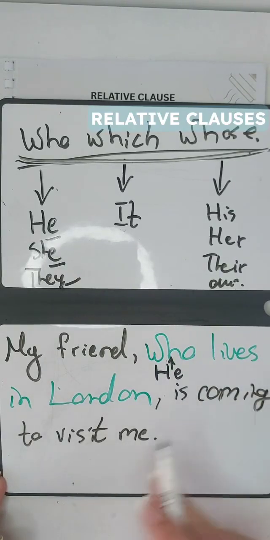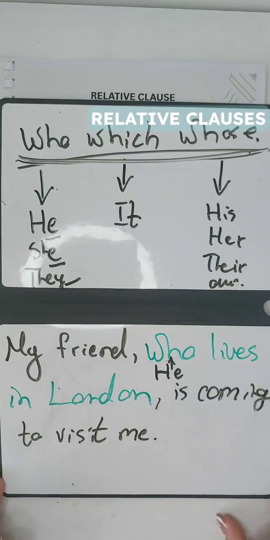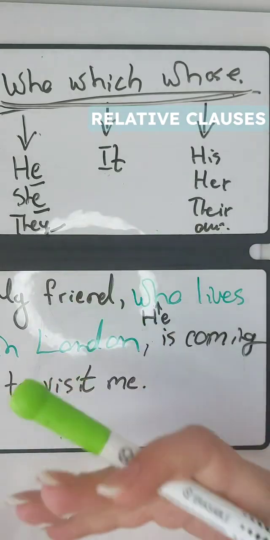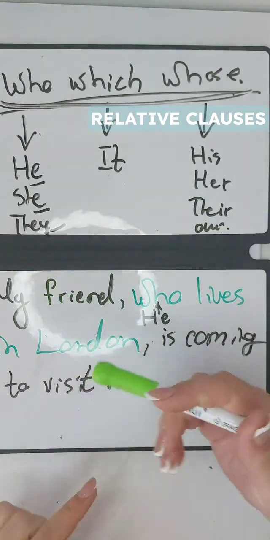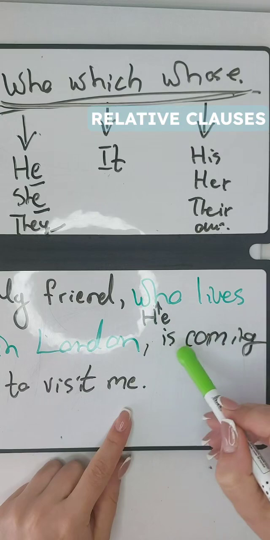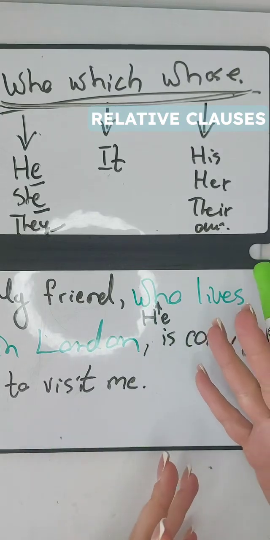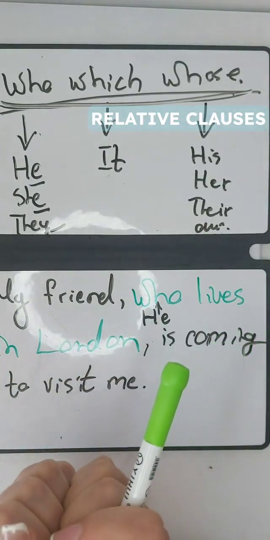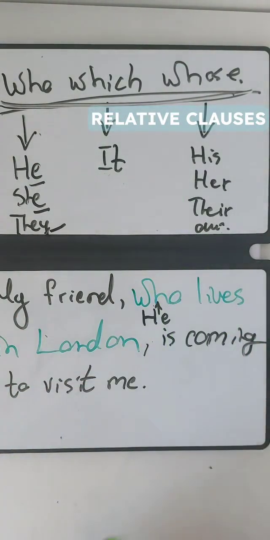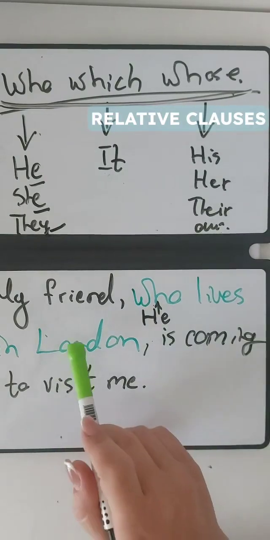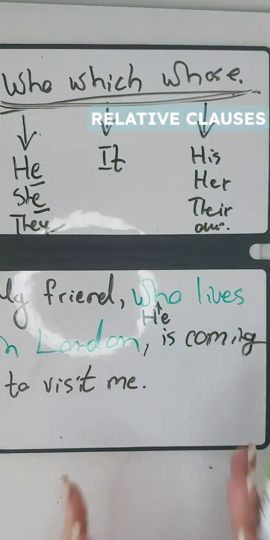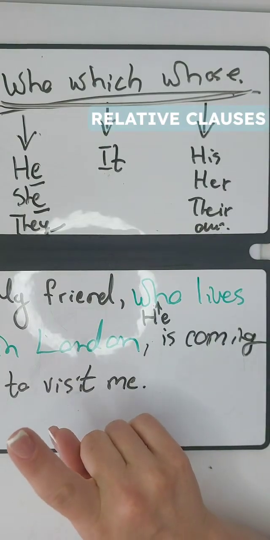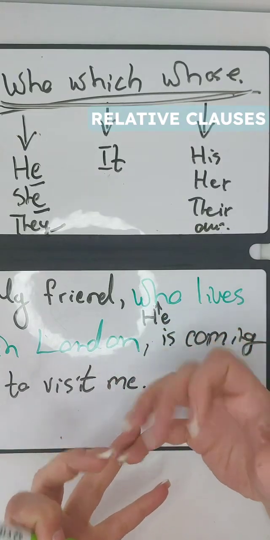My friend, he lives in London, is coming to visit me. So again, relative clauses help us avoid repetition, saying he many times in a sentence. They help us combine short sentences to make longer sentences, right? So my friend who lives in London is coming to visit me. It's not a question. It's a normal sentence, okay?